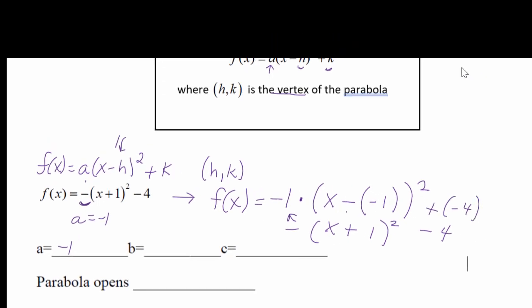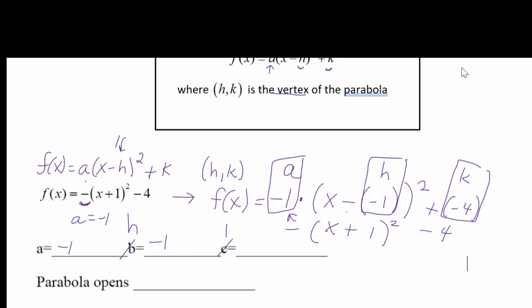So what does that mean? Well, that means that a is negative 1, h is negative 1, and k is negative 4.